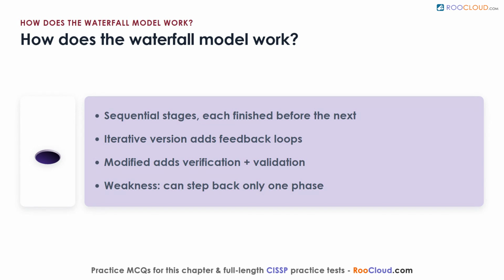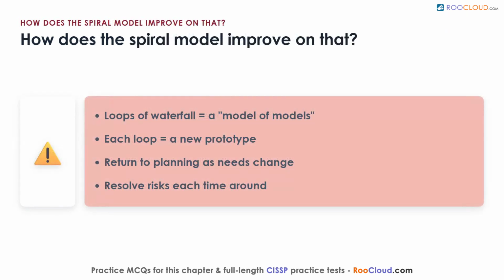How does the spiral model improve on that? The spiral model wraps several passes of a waterfall-style process into repeated loops, which is why it is called a model of models. Each loop produces a new prototype, and developers keep circling through planning, building, and evaluating, incrementally maturing the system while resolving risks each time around.